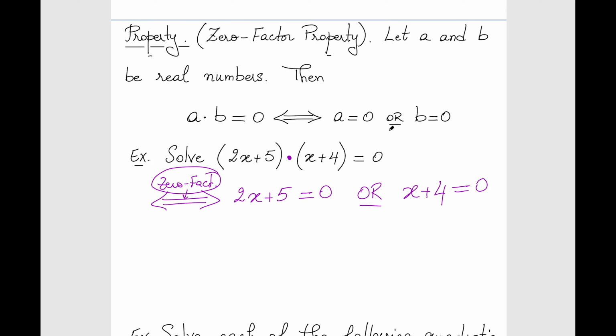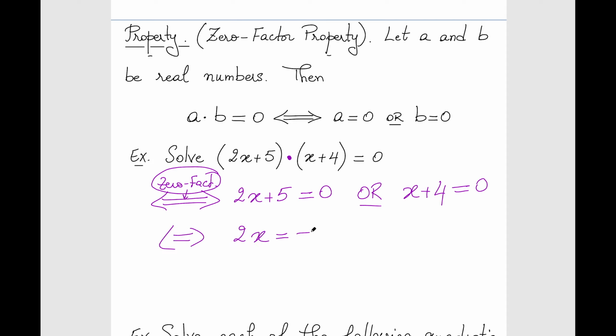It's an inclusive or in the sense that if A is 0 or B is 0 or both are 0, that's going to happen, right? And it's an if and only if statement. Correct? Certainly if both of them are 0, the product is 0. No problem with this. Okay? All right, so such an or is called inclusive or. Anyway, so we are here, right? Either this guy is 0 or this guy is 0. All right, now we solve for x, and solving for x amounts to writing what?